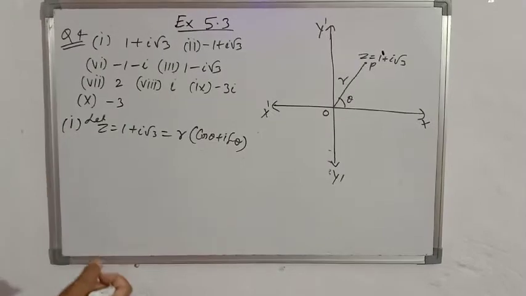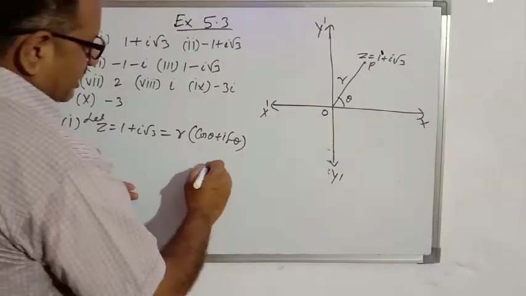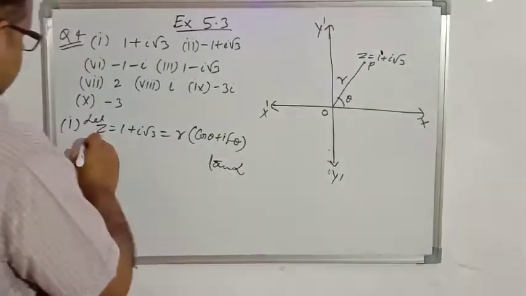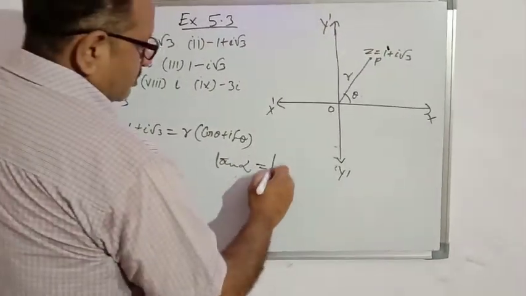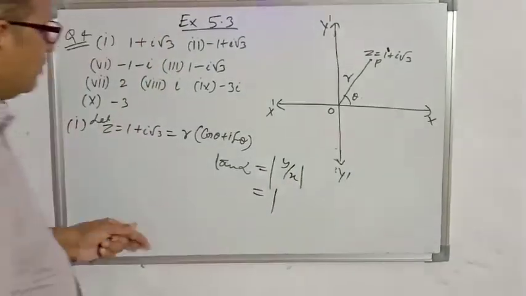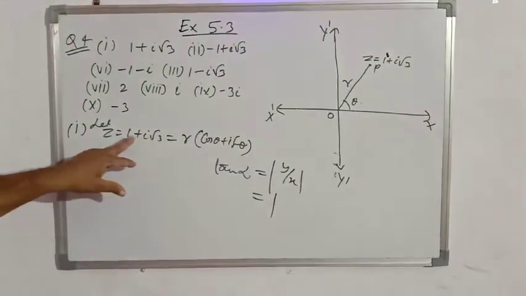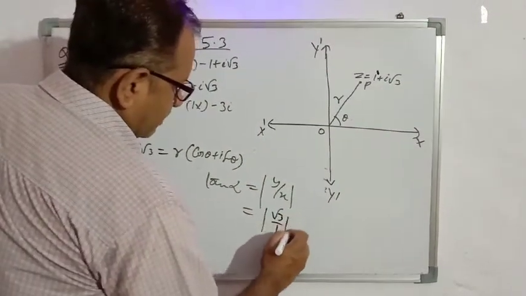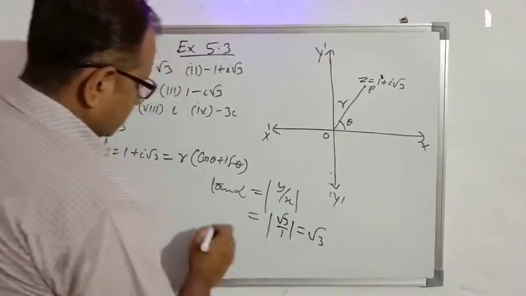To find theta, firstly we will find alpha. Tan alpha is equal to mod y by x. What is y here? Root 3 and x is 1. Root 3 by 1 means root 3.